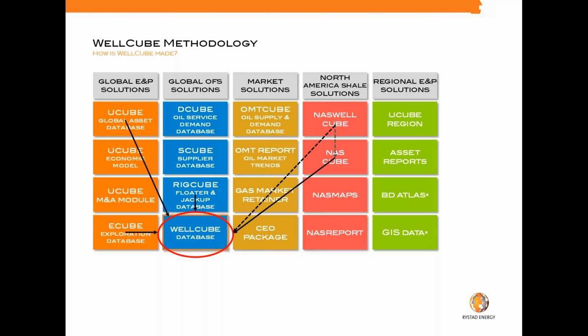Unconventional wells, or shale wells, are retrieved from the NAS universe, so the Nasol cube and the NAS cube. And then the offshore development wells are retrieved from rig cube. This methodology ensures that the well data is consistent across the whole Rystad Energy cube universe.